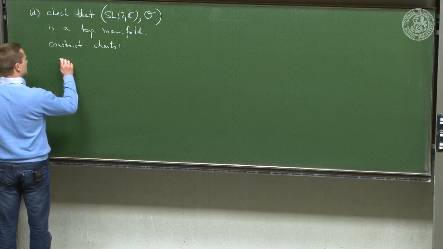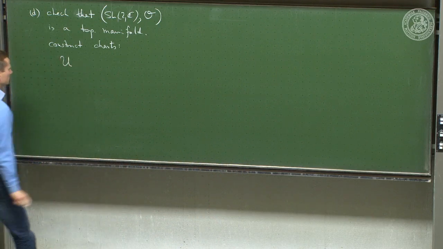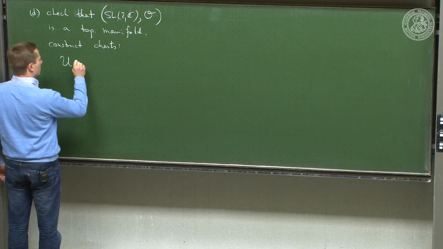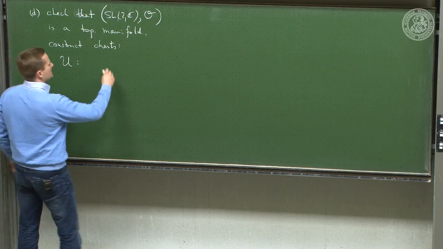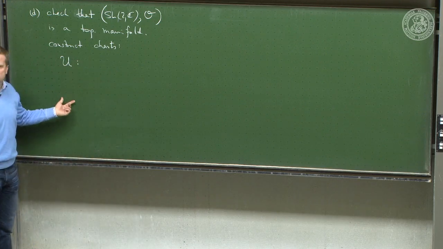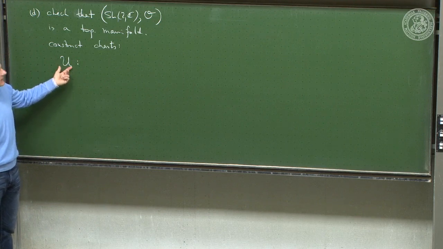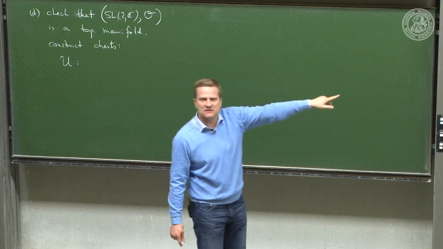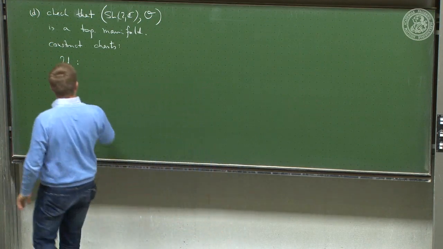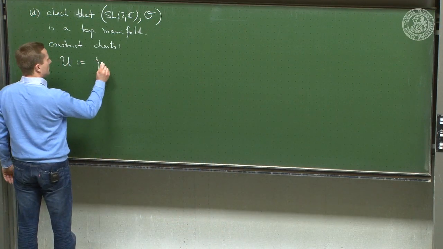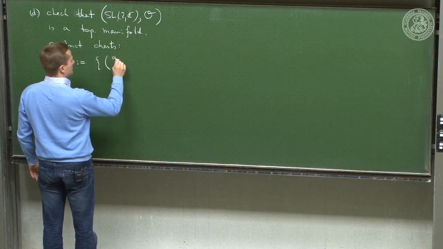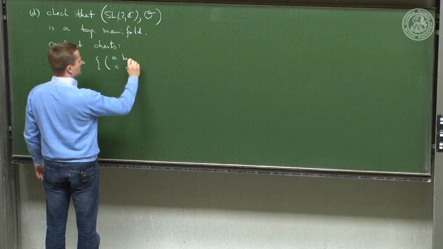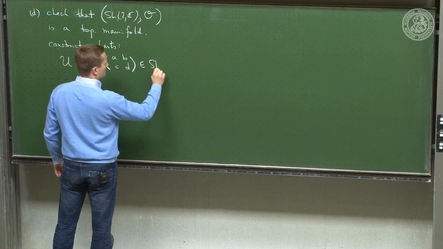We construct two charts. The first chart we call U. A chart consists of a chart domain and a chart map. The chart domain is a subset of the topological space, so I need to define U as some subset of matrices (A, B, C, D) of the topological space.